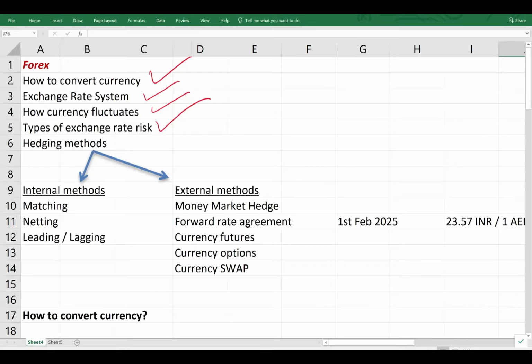But demand and supply will be affected by many, many factors like inflation, interest rates of the different economies, confidence level of the investors in your currency, stability in the economy, and foreign direct investment coming into your country or not. All of this is directly related to the economic condition of your economy.